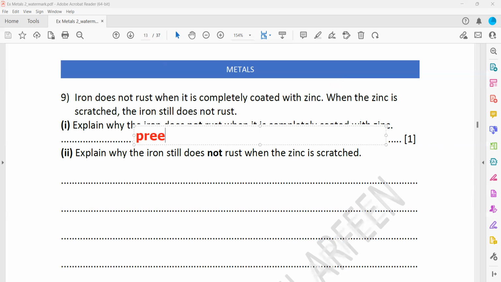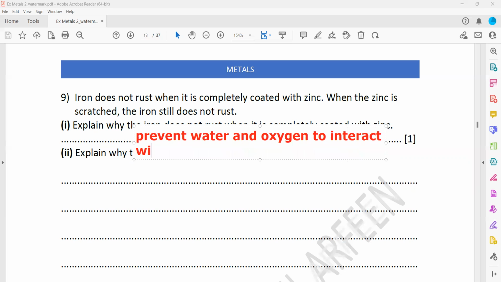The answer is it prevents air, or you can say water and oxygen, from interacting with iron. So it's like a barrier between the water, oxygen and iron. That's why it does not rust.